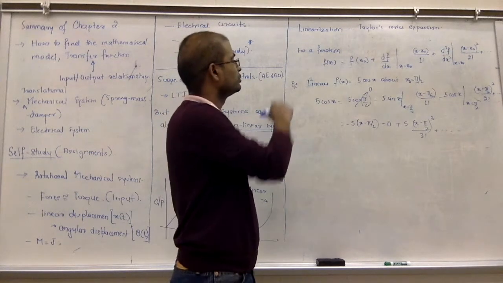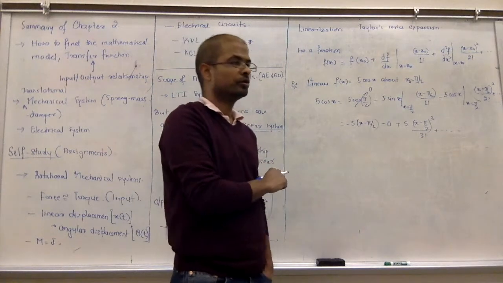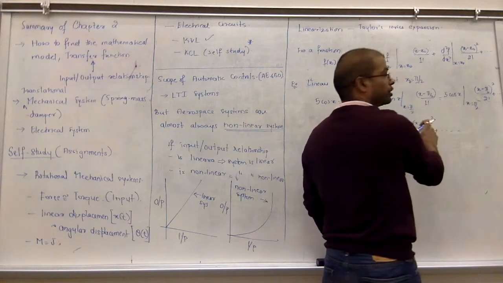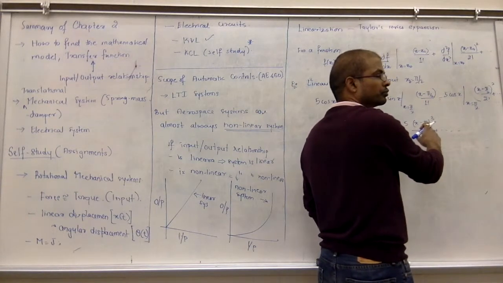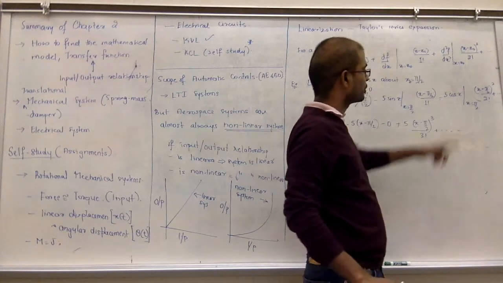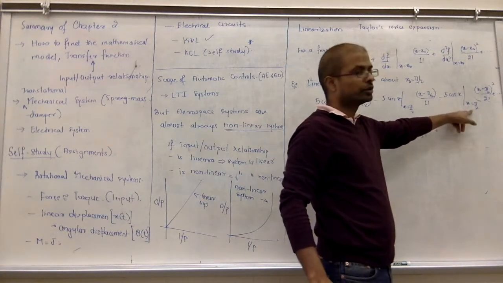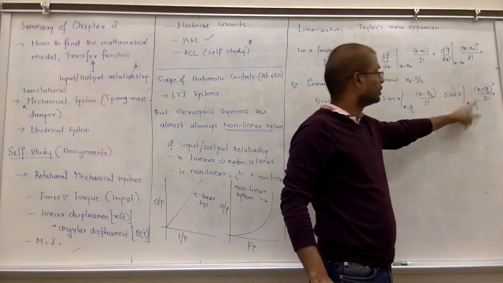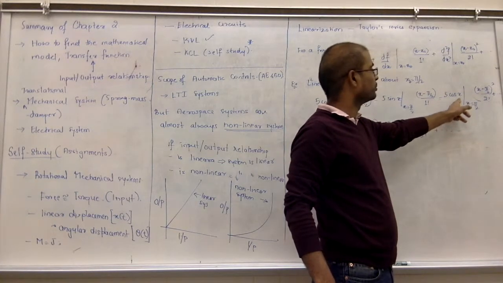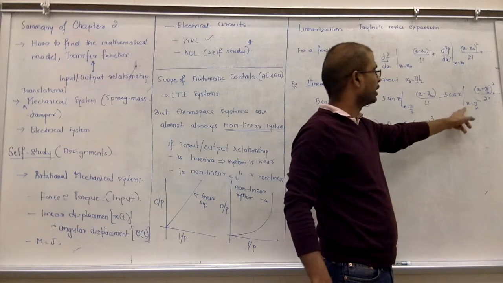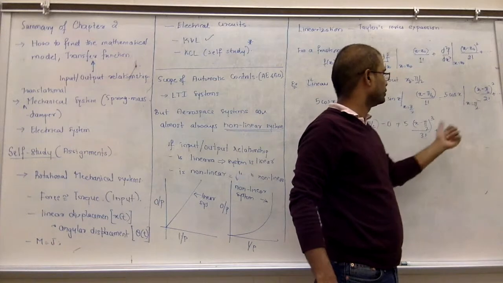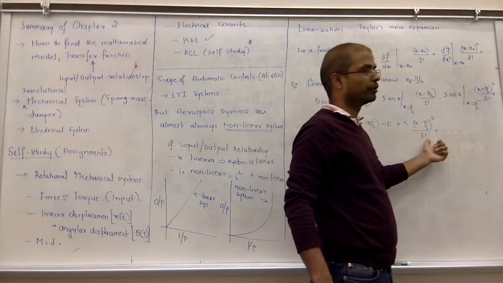So this is how you go about linearization. This term will be 0 again, because cosine of pi by 2 is 0. The next term will be 5 sine of x at x equal to pi by 2, times x minus pi over 2 cubed divided by 3 factorial.